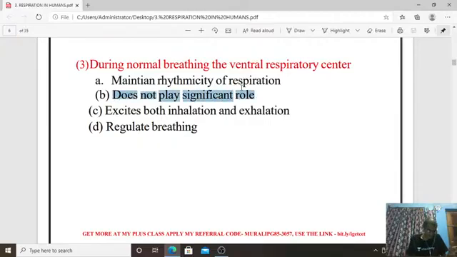It is not having any role regarding respiration. I am talking about the normal condition, not an emergency or any situation where the internal body atmosphere is not in the correct mode. So the answer for the third question is B.